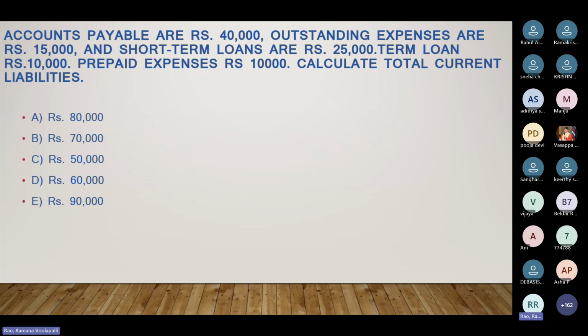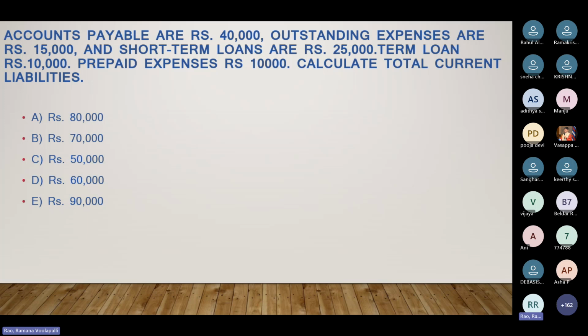Who will give the first answer? Accounts payable 40, outstanding expenses 15. Ramesh sir, great. Shubham sir, great. The key answer is E. Sundaram sir, C. Roma madam, A. Mato sir, A. Mahendra Naik sir, A.